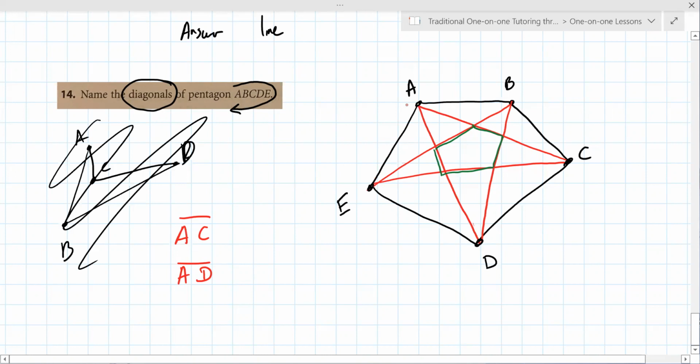Oh, so am I allowed to start with something other than A? Yes. I would move to B. You've got to do this in an orderly fashion. B touches D, B touches E, and then you go to C and do the same thing. But notice you already have CA. We didn't talk about that, but CA is the same as AC.